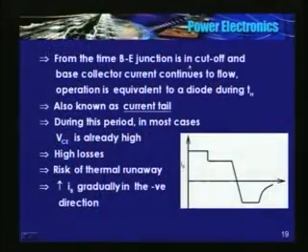From the time the base emitter junction is in cutoff and the base collector current continues to flow, that is due to the holes. The base collector operation is equivalent to a diode during TRR, or reverse recovery time, and this is also known as the current tail.